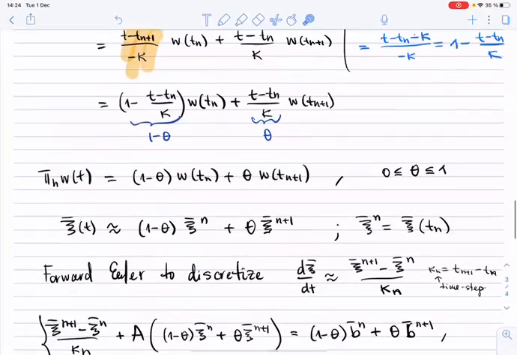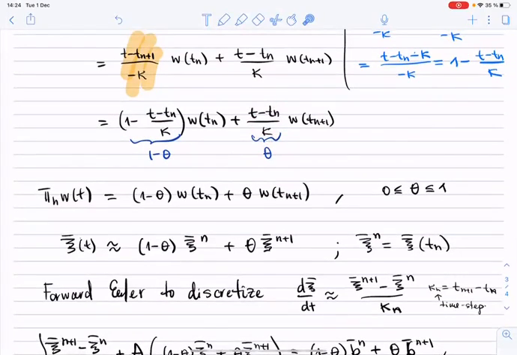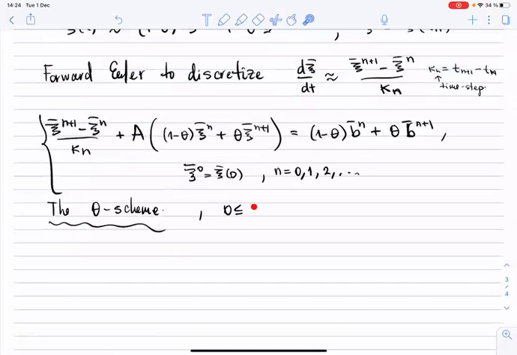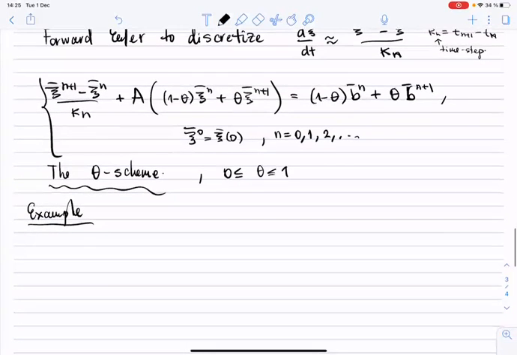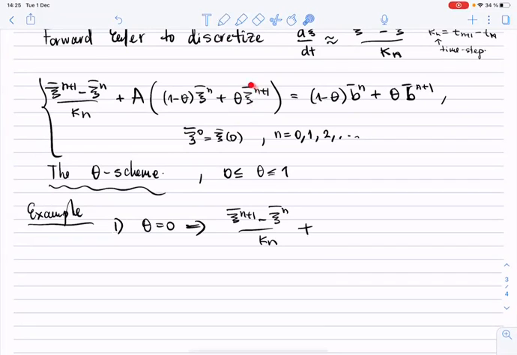By the construction that we get, theta changes between 0 and 1. And many numerical schemes, of course, you can construct by changing this theta. For example, when theta is equal to 0, then the scheme becomes psi n plus 1 minus psi n divided by Kn plus, so that term disappears.